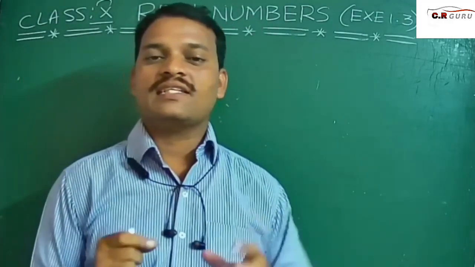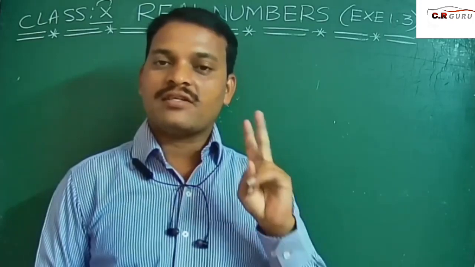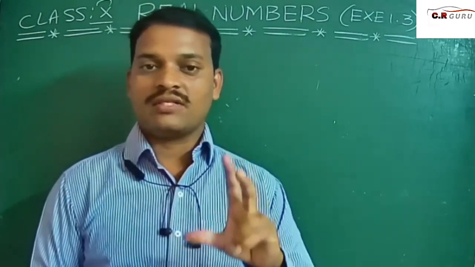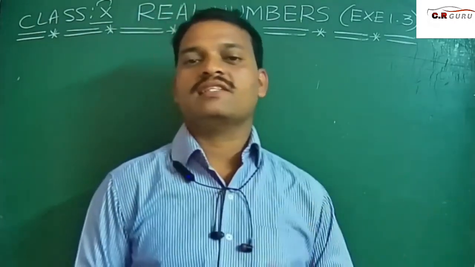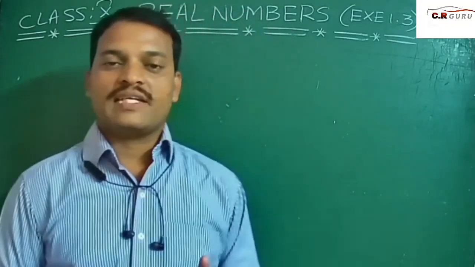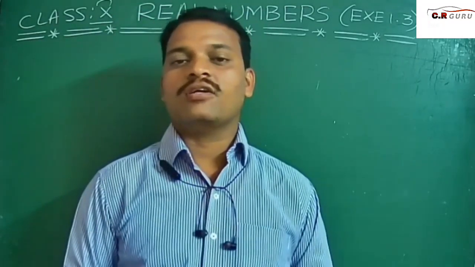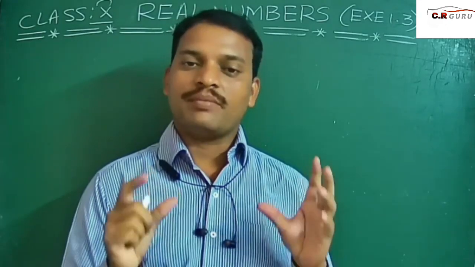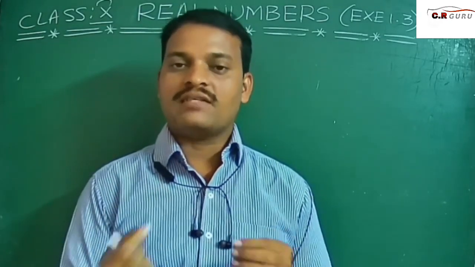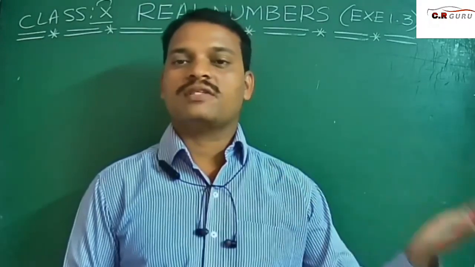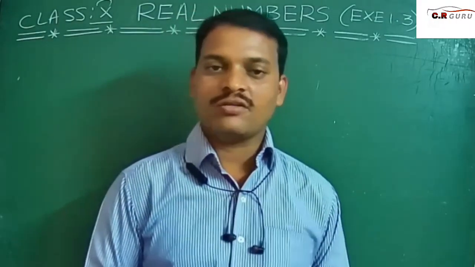This exercise is completely based on only two definitions, which I also explained in the previous video: terminating and non-terminating decimals. If you want the definitions, once go through my previous video.